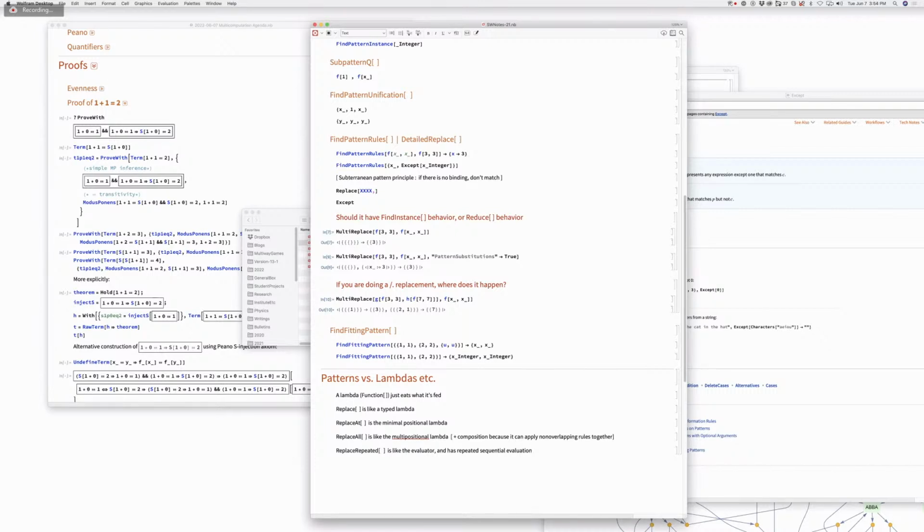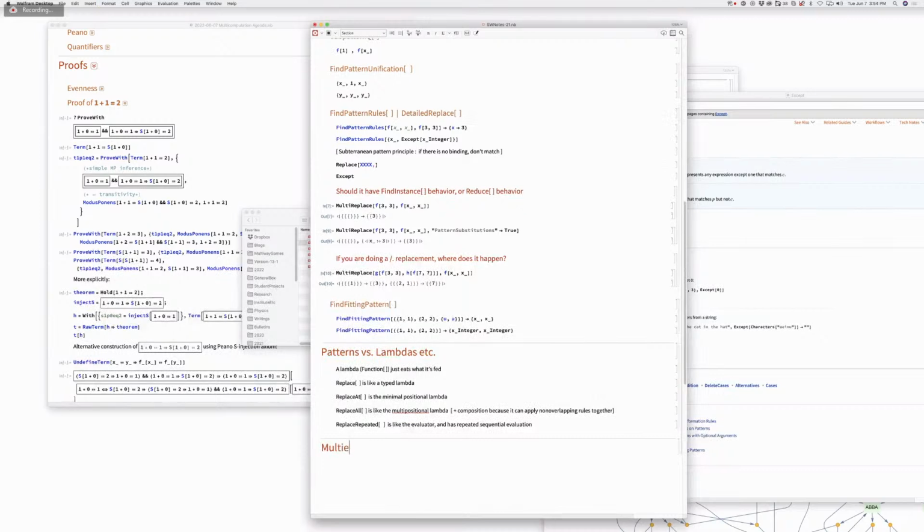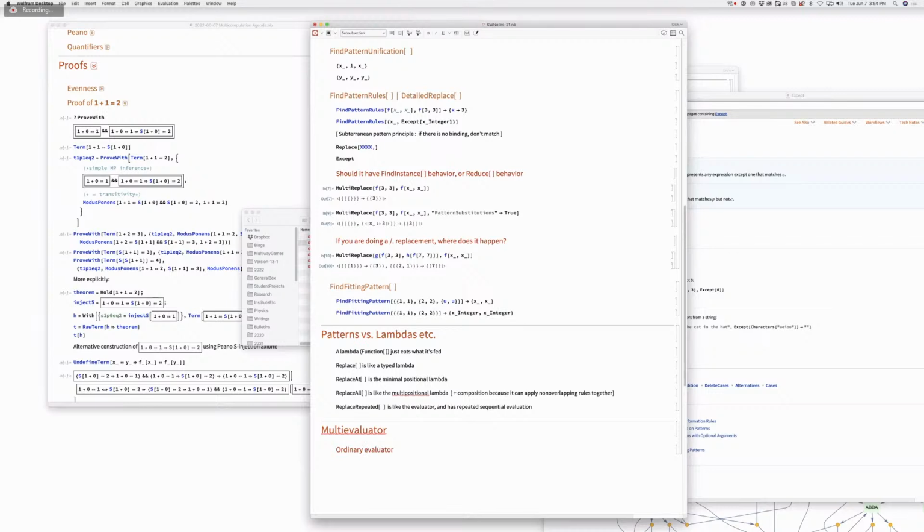The whole point here is to have a multi-evaluator. So the big picture is we are trying to make a multi-evaluator where, for the ordinary evaluator, we've said this many times here, its workflow is input goes to output via single-way replacements plus fixed point.